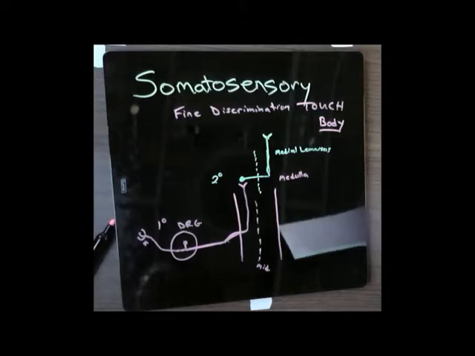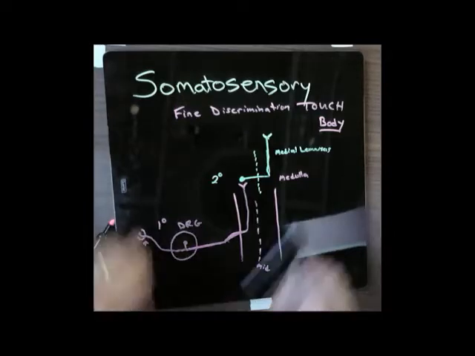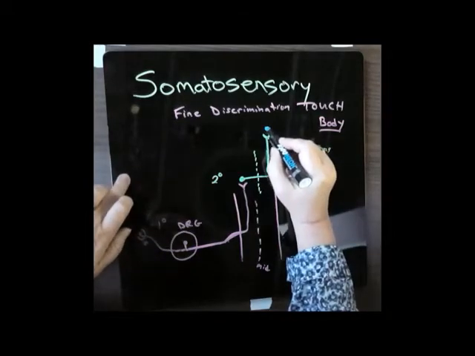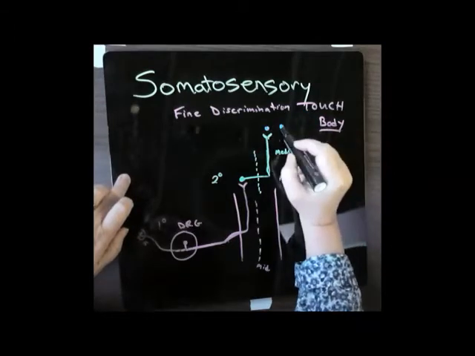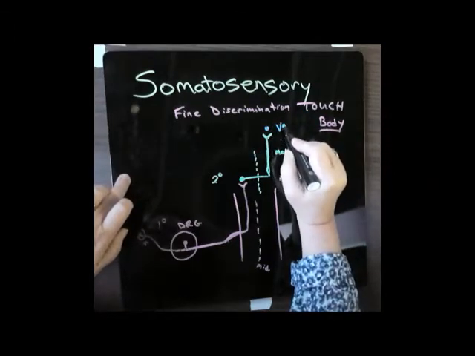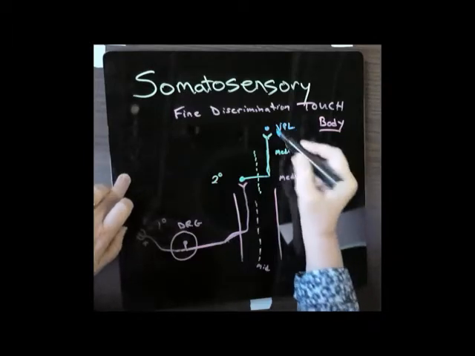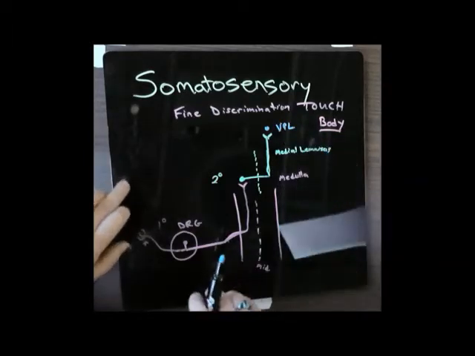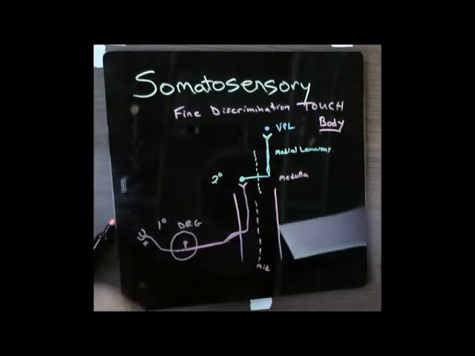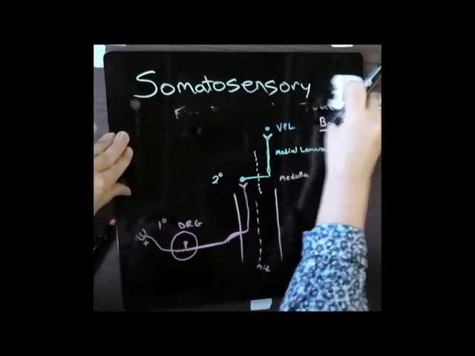This is somatosensory information from the body, so it's specifically the VPL, or ventro-posterior lateral nucleus of the thalamus.